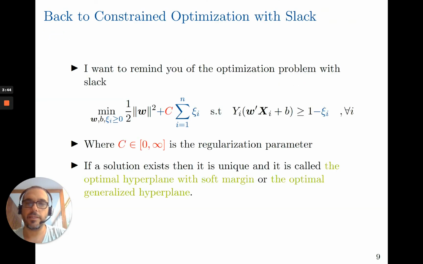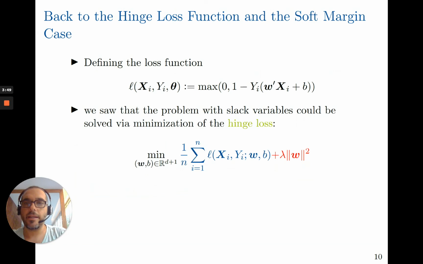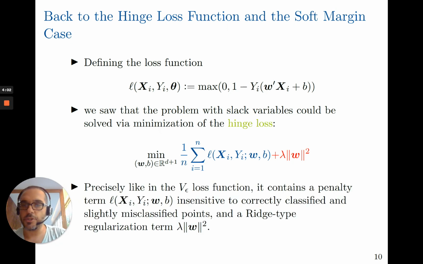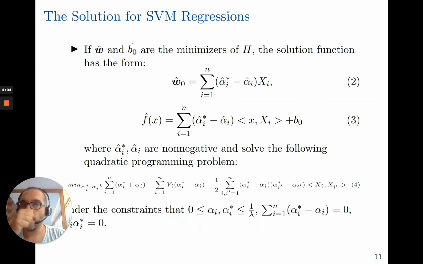It's basically the optimization problem with slack, and then we have the hinge loss. So this is just for you to recall what we saw in the first block. So we have the hinge loss plus the ridge penalty.